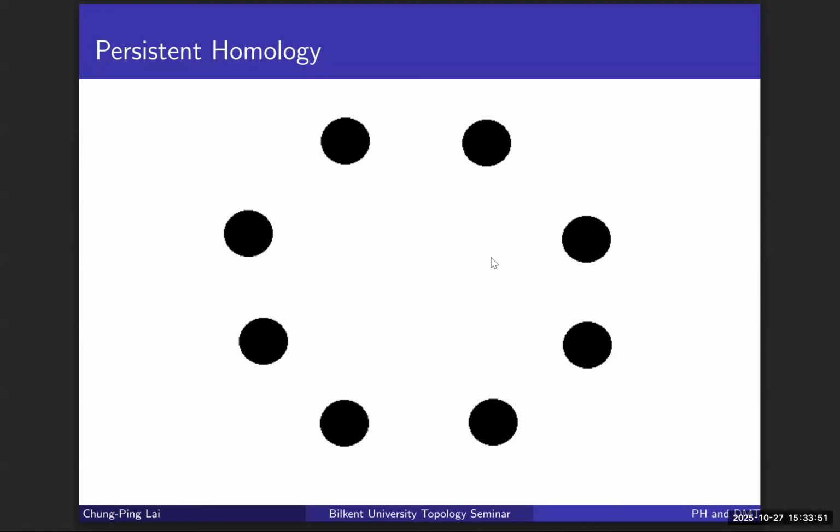But how do we quantify this? This is what happens with point clouds, which are points in a data set. A human can tell that these points probably form some kind of circle, but how do we have a rigorous mathematical framework to say that? This is more or less what persistent homology offers.